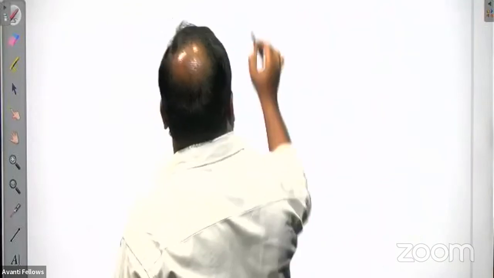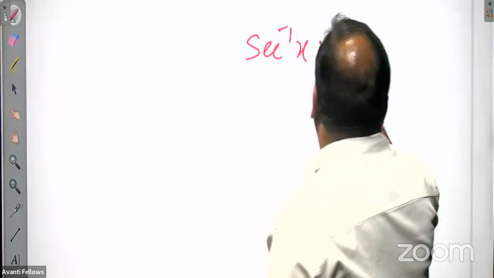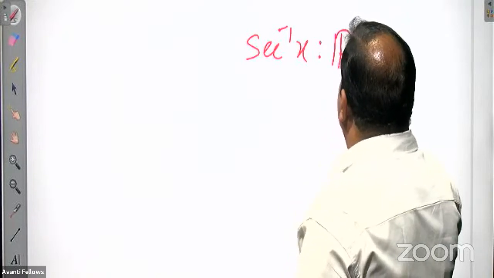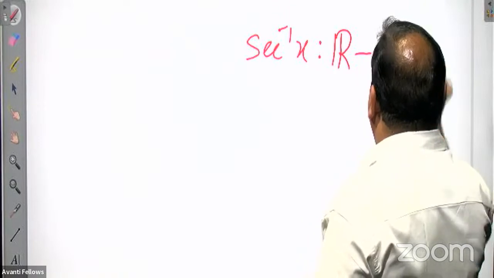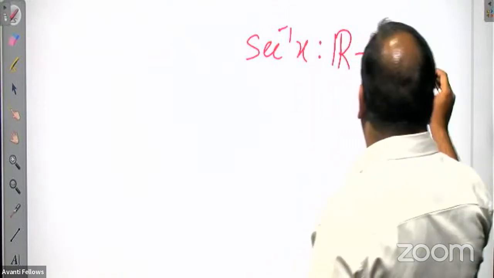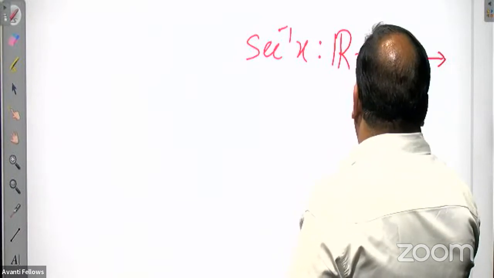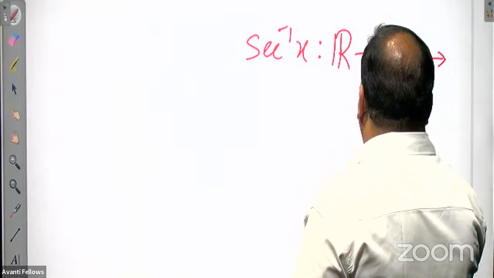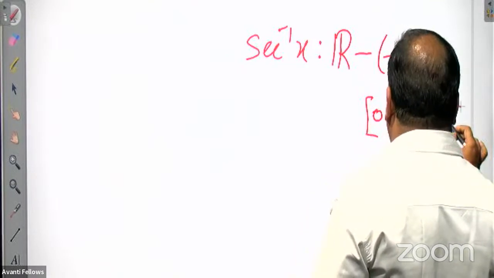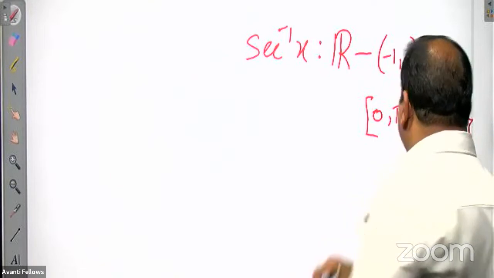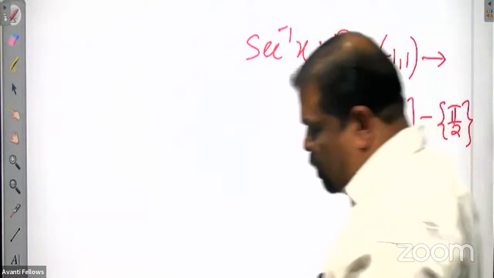So sec inverse x is a function from R minus the open interval -1 to +1, to which interval? The closed interval 0 to pi except pi by 2. Except the point pi by 2.